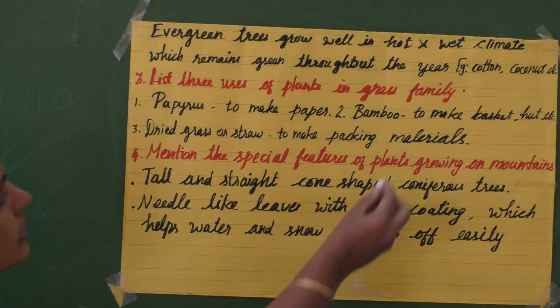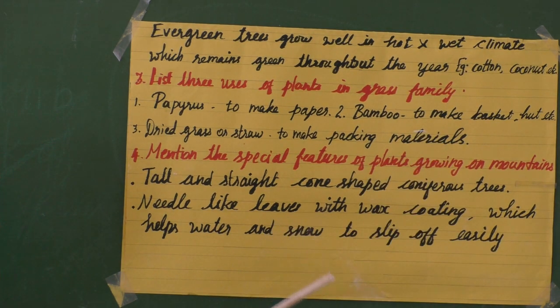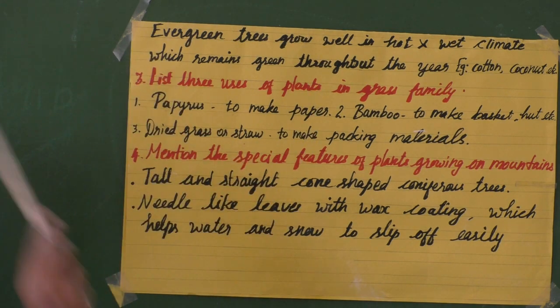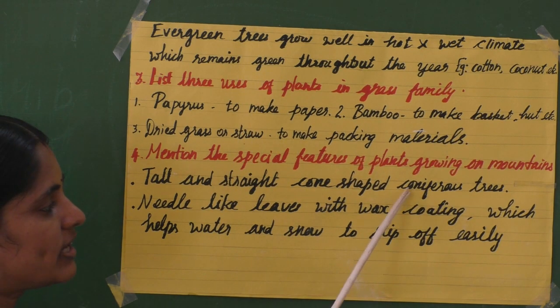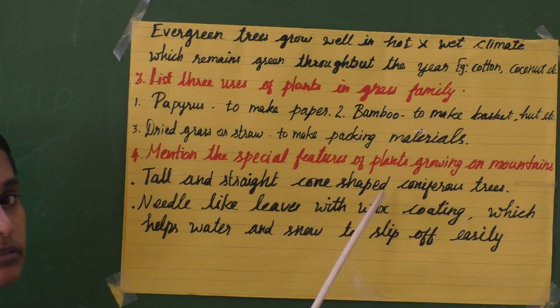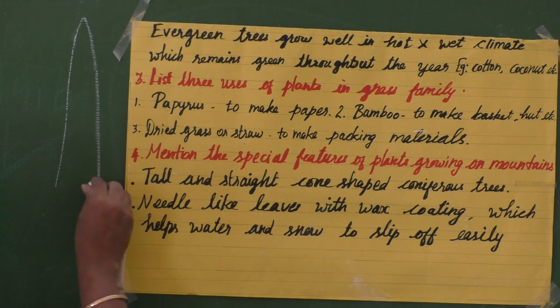Then the special features of plants growing on mountains. Fourth question, they ask us to write mountain plants oda character features எழுத சொல்றாங்க. Special features, mountain la valara plants oda special features. Tall and straight, cone shaped trees. So because those trees are cone shaped only, we call those trees as coniferous trees. இப்படி இருக்கு இல்லையா trees எல்லாம்?